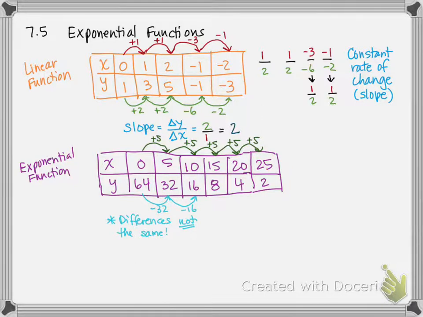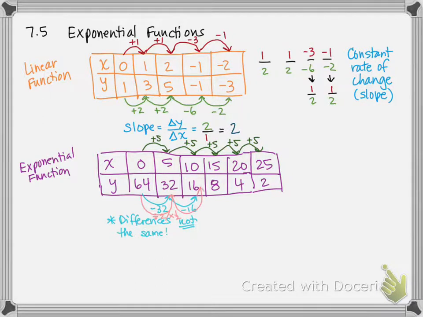Okay, so how can I get from 64 to 32? Well, I'm decreasing, so that could be a division problem. So I could say it's dividing by 2, or I could say that I'm multiplying by 1/2.